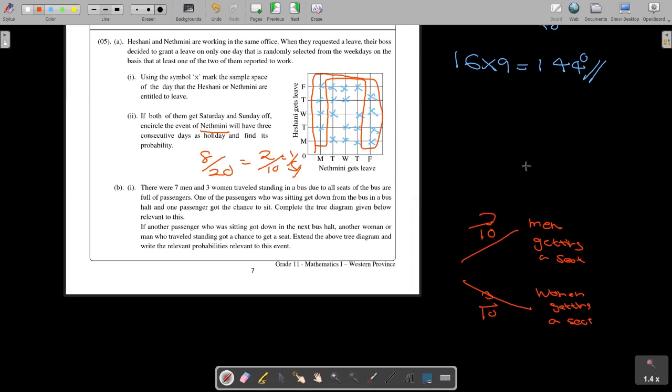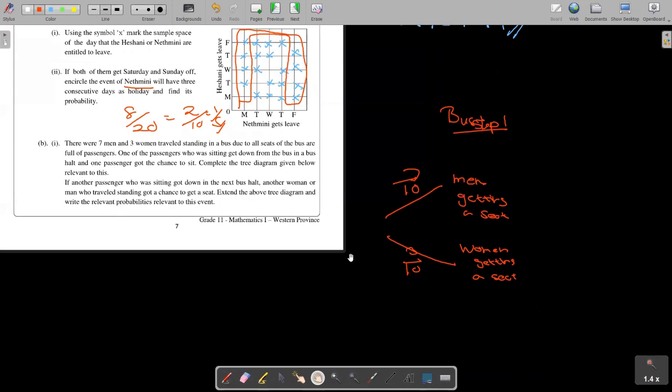So this we can take as a bus stop. So there's another bus stop. So I will take bus stop 1. If another passenger who was sitting gets down now, another woman or man who was traveling standing gets a chance to sit. Extend it.